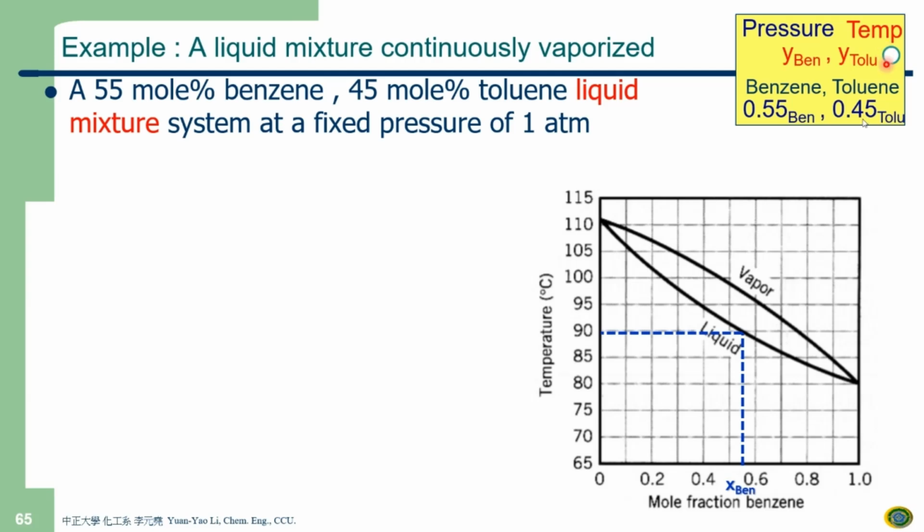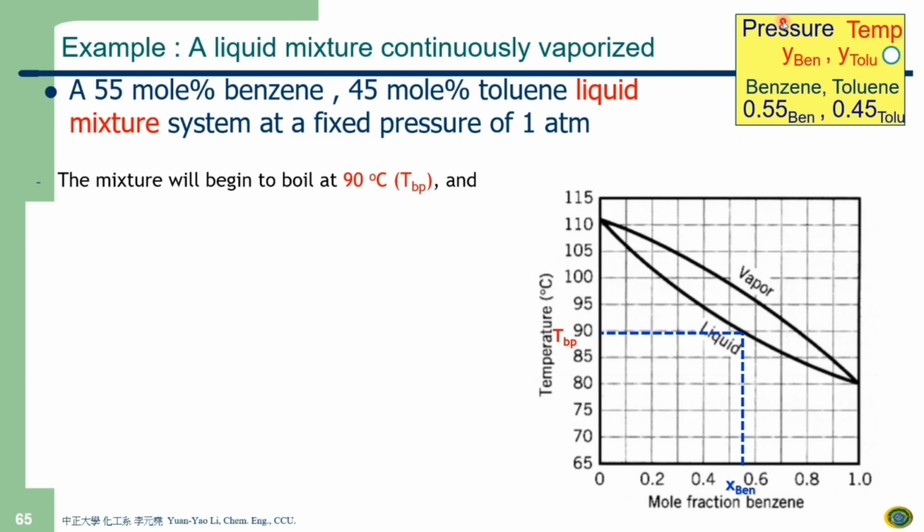So this is bubble, right? The first one, you hit this here. So it tells you what the bubble point is, somewhere 89 or 88, right? This is called the bubble point. Wow, 90. Anyway, it's almost the same.